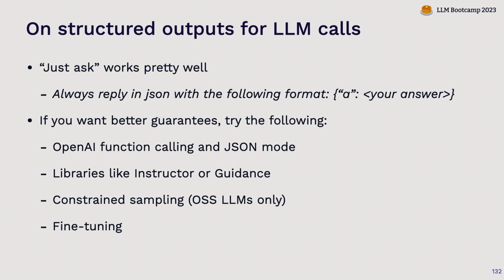So if you have an open source LLM, or generally an LLM where you can look at the probability of all the tokens, then you can constrain what the model samples to always produce things in the format that you want. It's impossible to do with an Anthropic or OpenAI API because they just don't expose that to you.